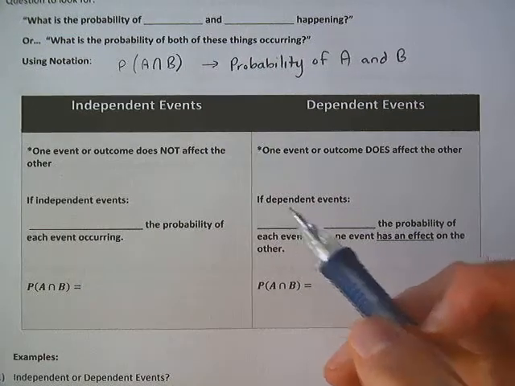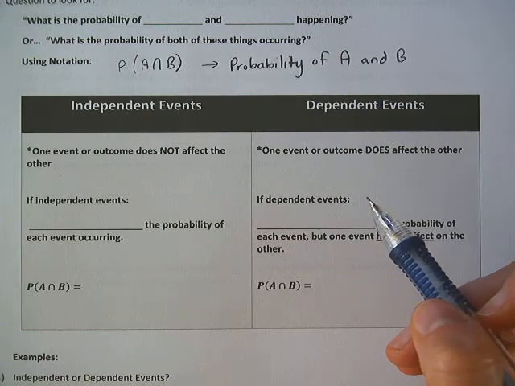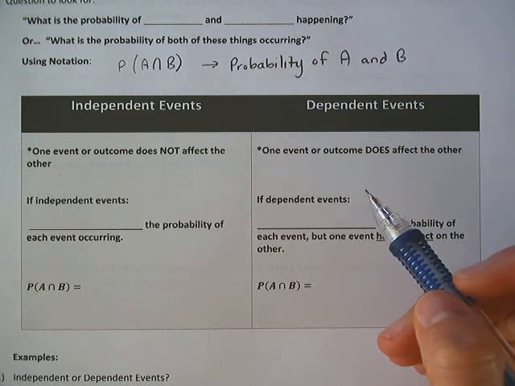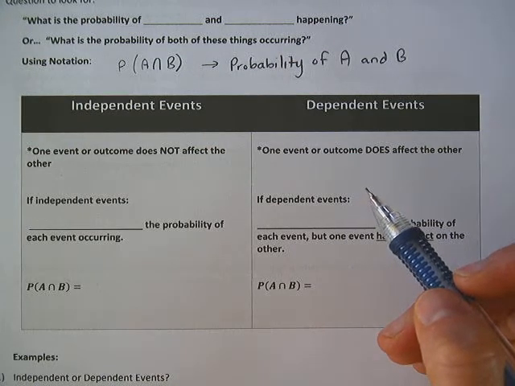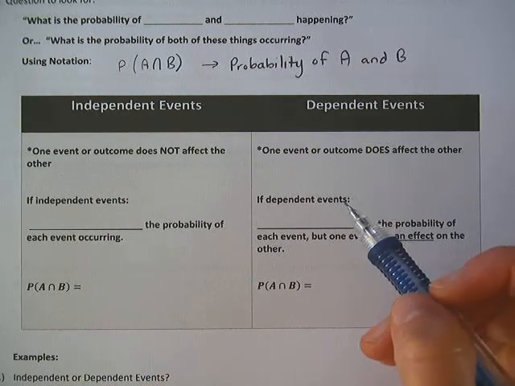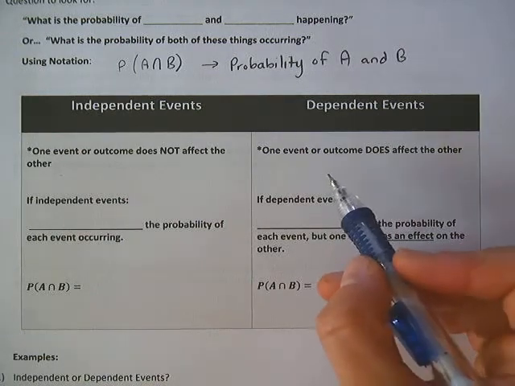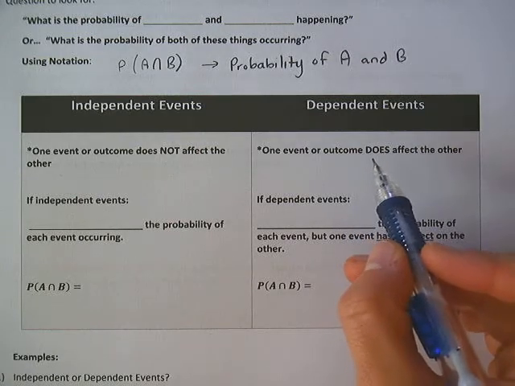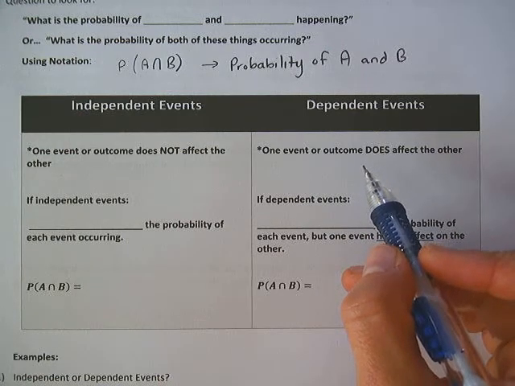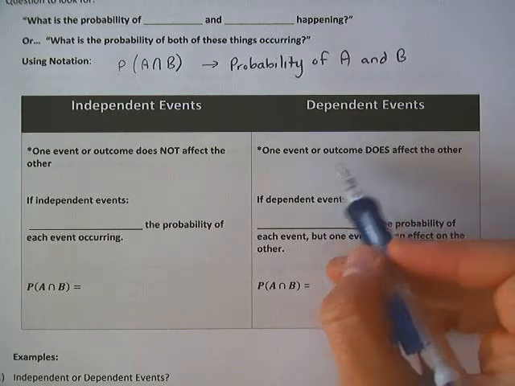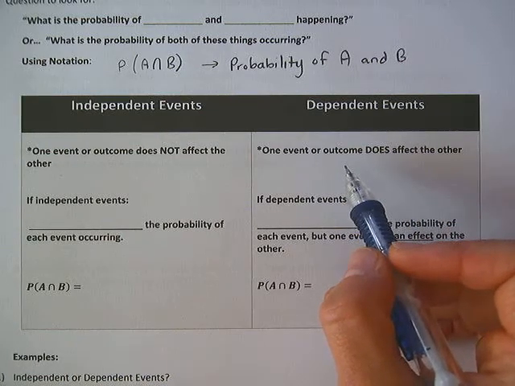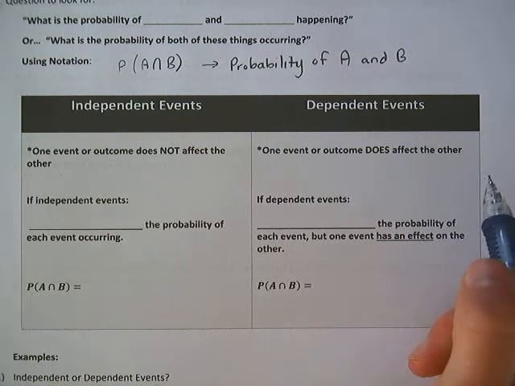And so, if you have your mom and dad and they say you have to, I don't know, clean or do the dishes before you can go out with your friends, well, that would actually be dependent events, because if you do not do the dishes, okay, the outcome of one event is going to affect the other one, because if you don't do the dishes, then you will not be able to go with your friends.